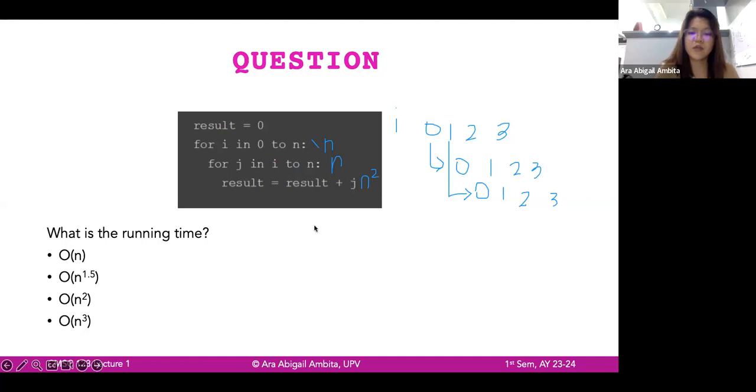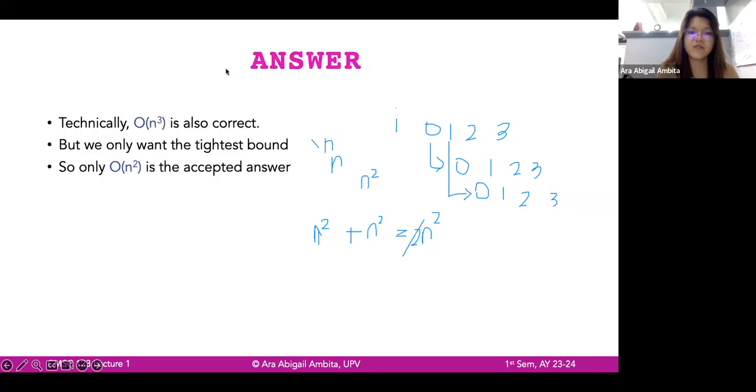So that will give you n squared plus n squared, or 2n squared. And we simply have to discard the constant, so we will be left with O of n squared. All right? Okay, let's move on.